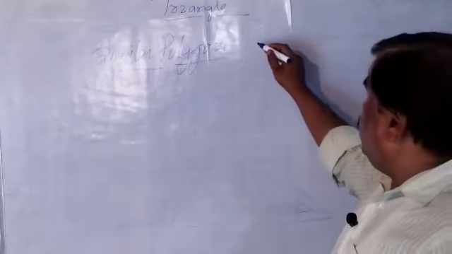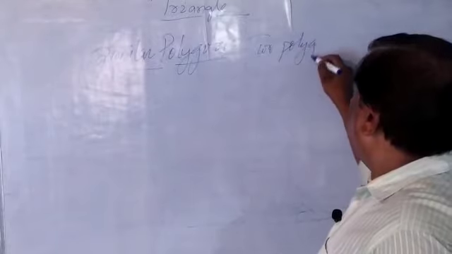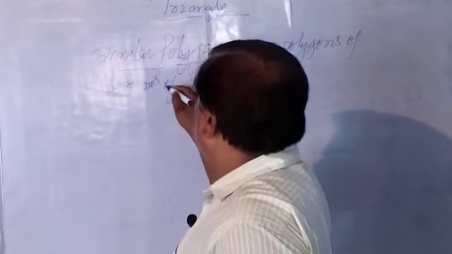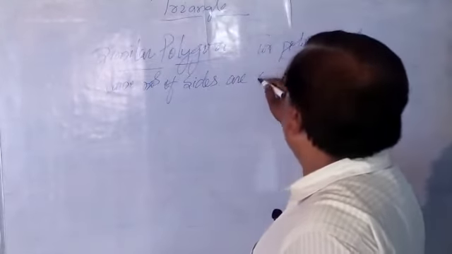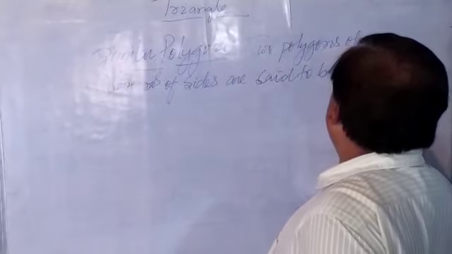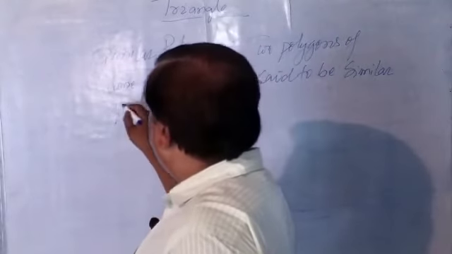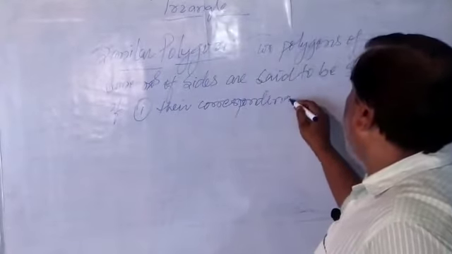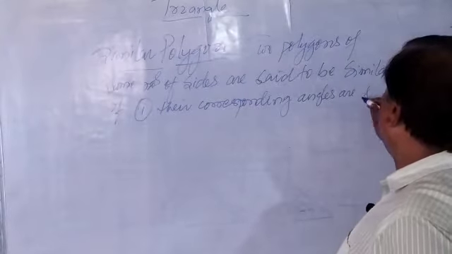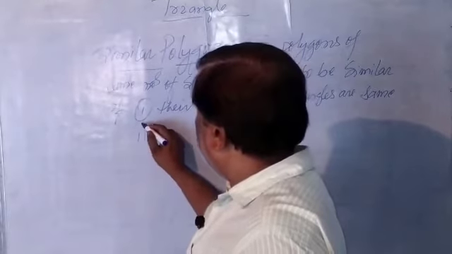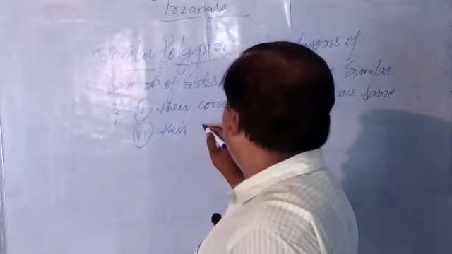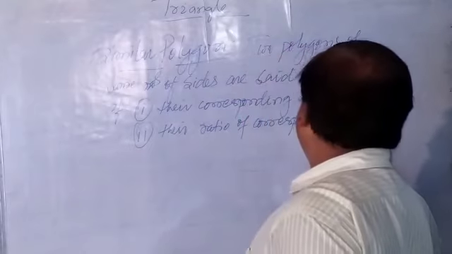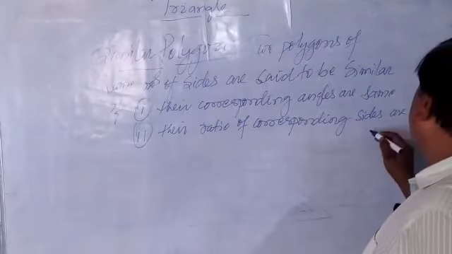So two polygons of same number of sides are said to be similar if their corresponding angles are same, and the ratio of corresponding sides are same.